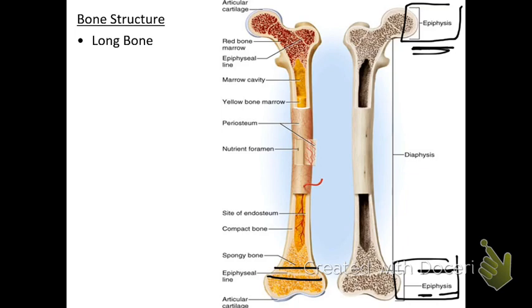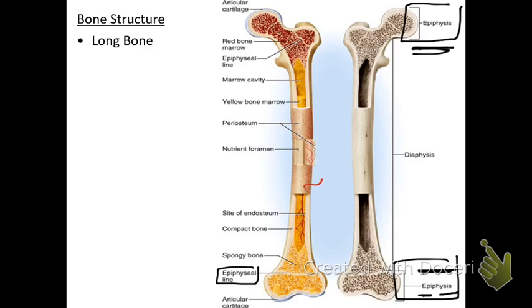But in an adult long bone, the epiphyseal plate is gone, and what you see instead is an epiphyseal line. So if you see this epiphyseal line, I'm highlighting it now, you can see it in an x-ray, you can see it actually looking at an actual bone. The epiphyseal line tells you that that bone has reached its adult length.